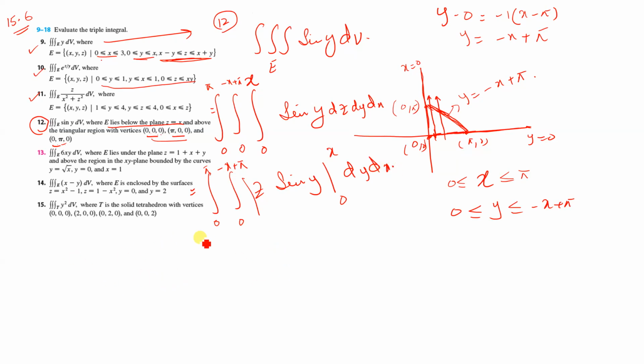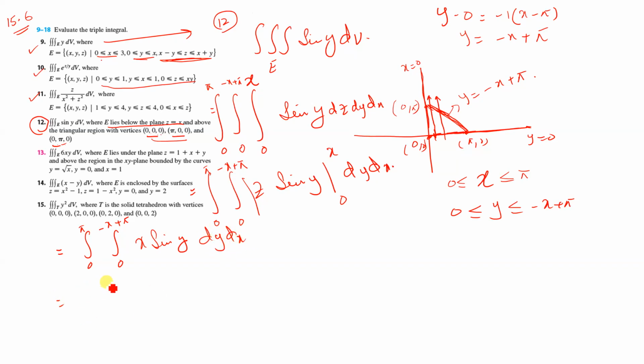Okay, this is equal to the integral from 0 to pi, 0 to -x plus pi, and when we substitute z is equal to x, we have x times sine y. And when we substitute z is equal to 0, this becomes 0. So we are left with x times sine y dy dx.